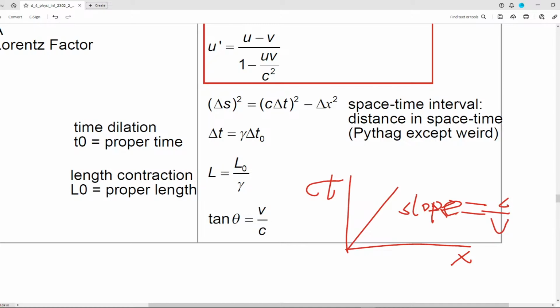But if you measure the angle here, the slope is 1 over tan theta. So you can get the speed using this formula.